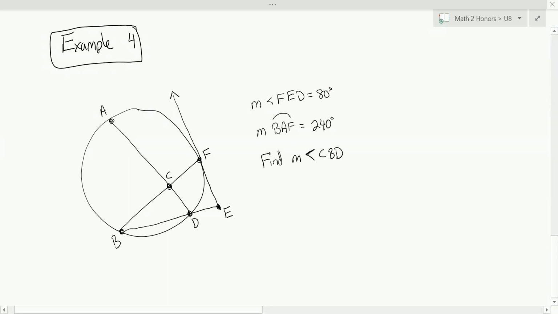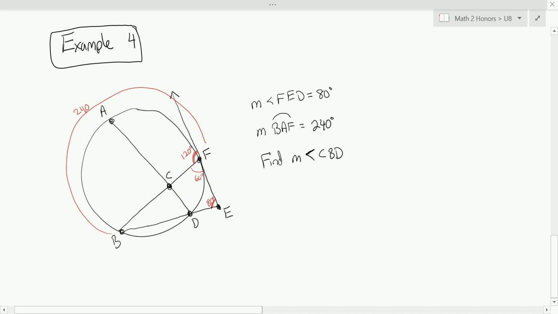So FED is 80. FED is 80 right here. BAF, all of this is 240, which means this right here is half of that, which means this right here is 60.